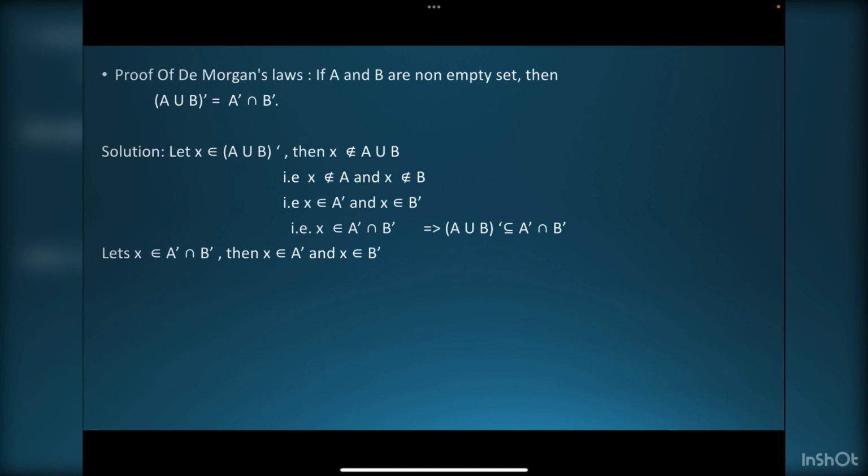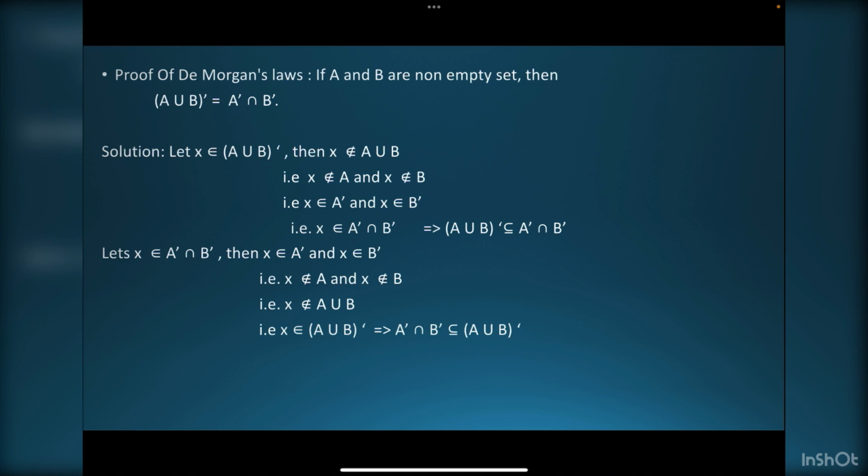So we'll prove the opposite one. Now let x belong to A complement intersection B complement. That means x belongs to A complement and x belongs to B complement. That means x doesn't belong to A and x doesn't belong to B. That means x doesn't belong to A union B, and that means x belongs to (A union B) complement.